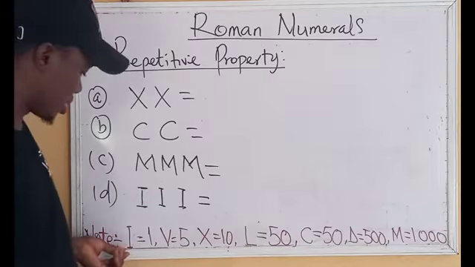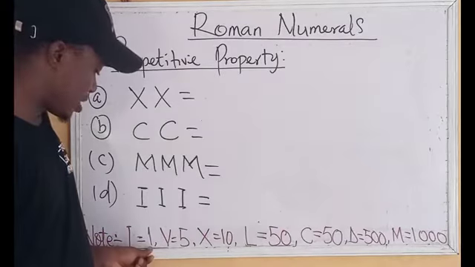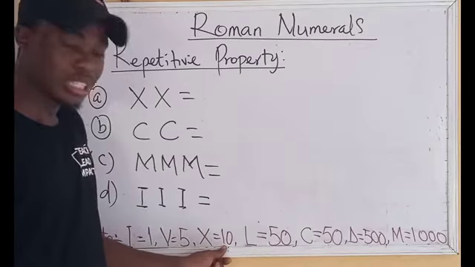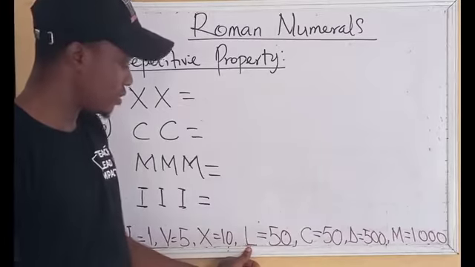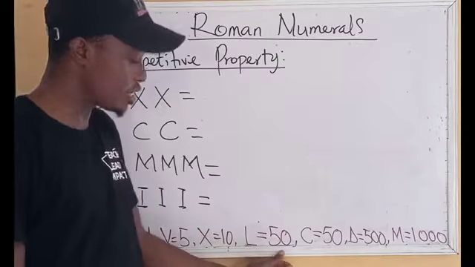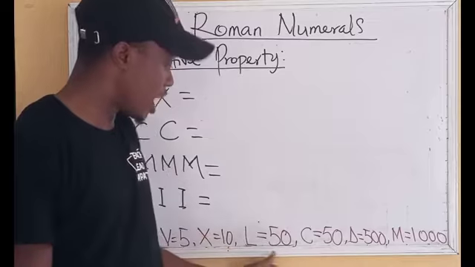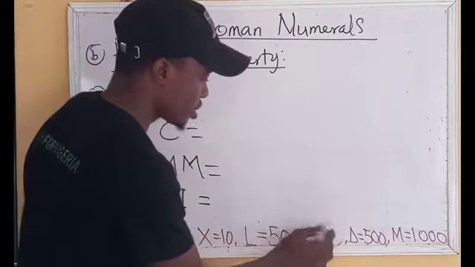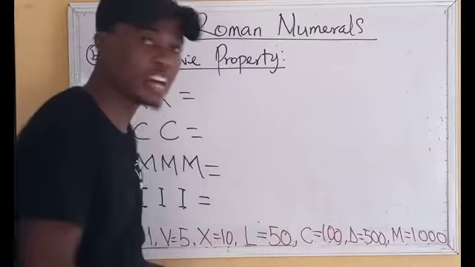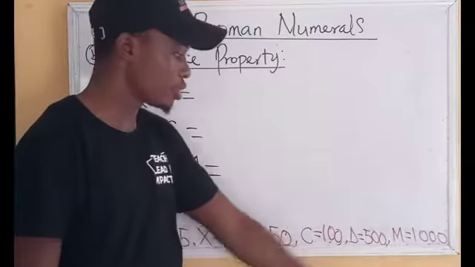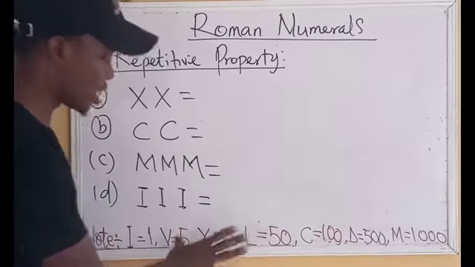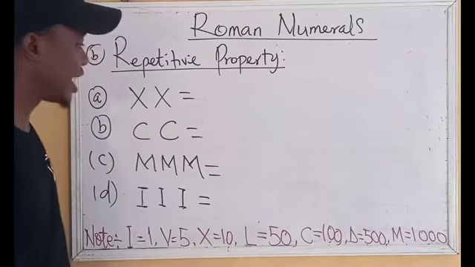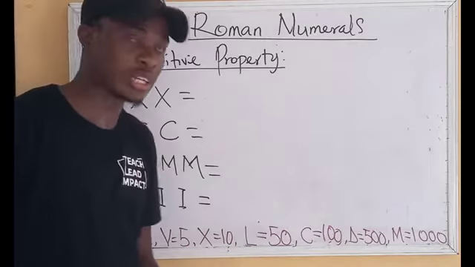Under this board, we have I is 1, V is 5, X is 10, L is 50, C is 100, D is 500, and M is 1000. We need to take note of these symbols very well before we can do anything, and you should know what they represent.